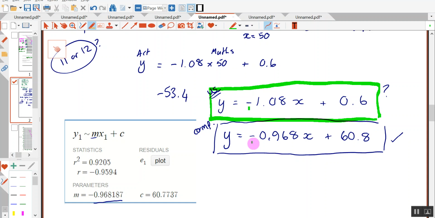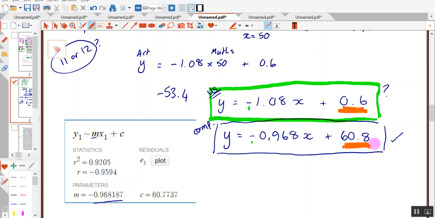Sam? Yeah, I like that. The M's are different, but they're close, right? Remember our points were slightly wrong, so that might affect our M. But look at the C. Look at the C values, 0.6 and 60.8.